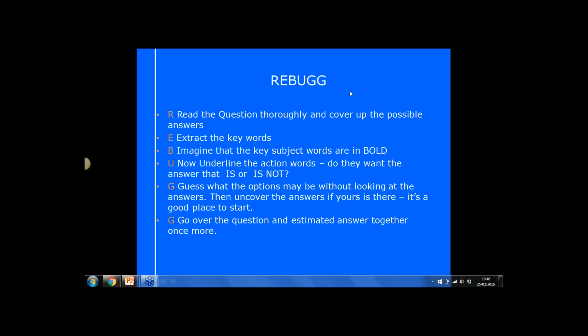If I really just look at those keywords, then imagine that the key subject words are in bold, so they're standing out the page at you. And then underline the action words. These are things about whether they want you to answer the things that are or the things that are not.